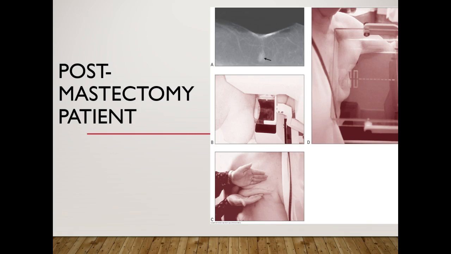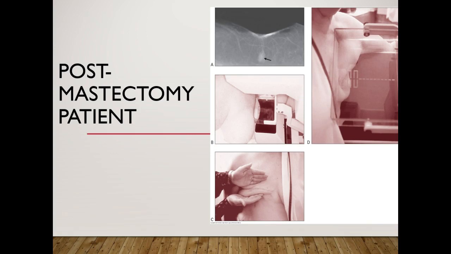If you are imaging a post-mastectomy patient, you want to do the traditional views. Think of it as imaging a male breast or a very small breasted patient. So you're going to do your traditional CC, which you see in image C. The technologist is preparing for the CC. And then in image D, as in dog, it's showing the MLO. So you can get enough breast tissue all the way up to the axilla onto that plate.